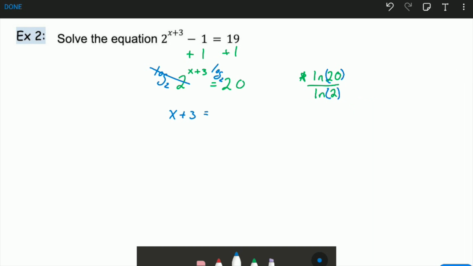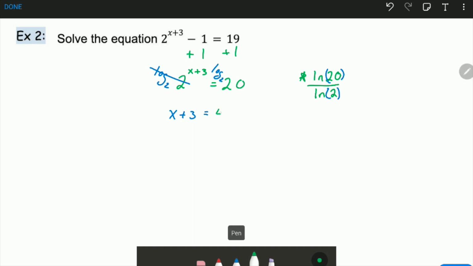So ln 20 divided by ln 2 in my calculator. I totally didn't even type in half the numbers I needed to. 20 divided by ln 2. There we go. Kept typing over it.